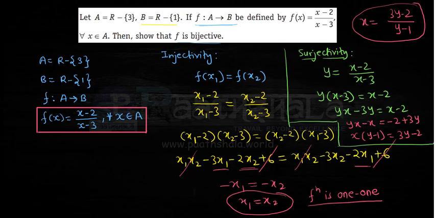So for surjective, for onto, we need to check whether the codomain equals the range or not.